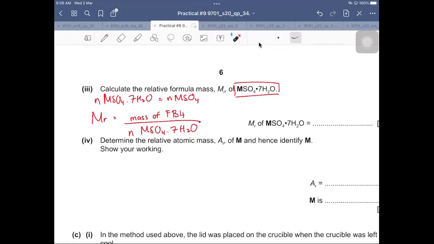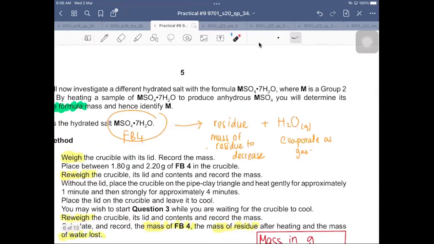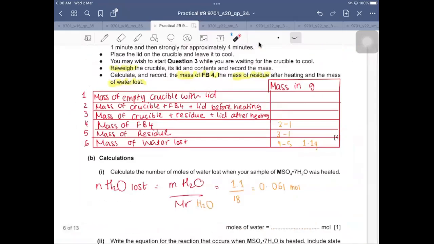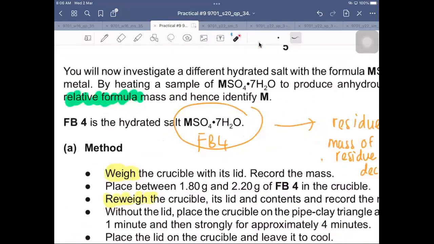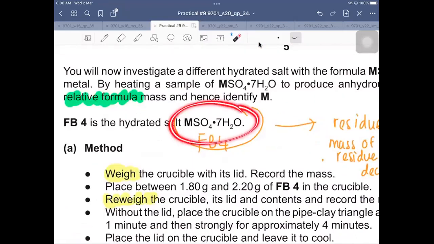So basically, it's mass over mole. Now the mass, which one are we using? It is the mass of this formula, because you want to find the MR of that formula, right? So the mass, we have to use the mass of FeSO4, right?